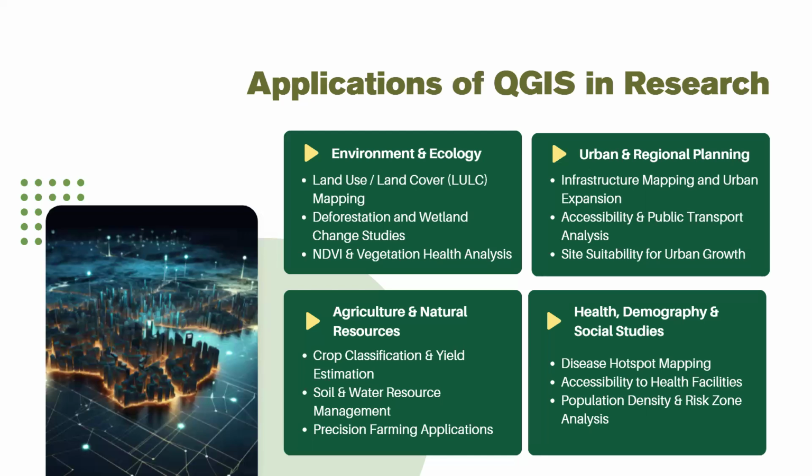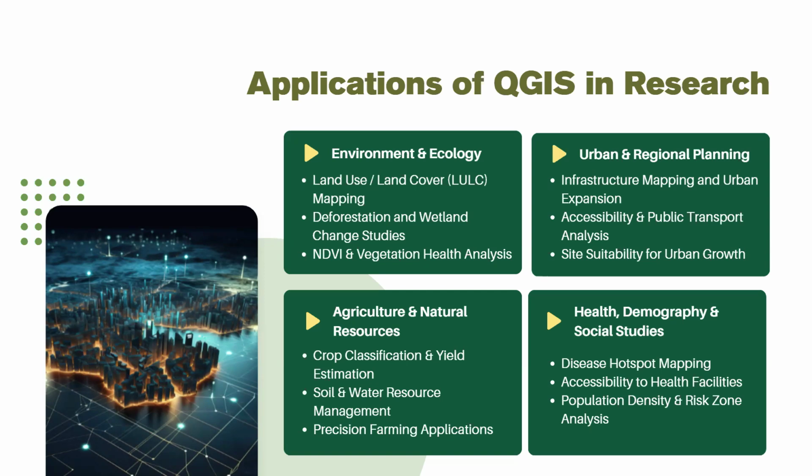Within a few days, they were able to visualize areas where paddy fields were replaced by built-up land, a clear indicator of loss of land. So that's the power of QGIS in environmental research. You're not just seeing maps, you're witnessing the environmental transformation, the loss of habitat.